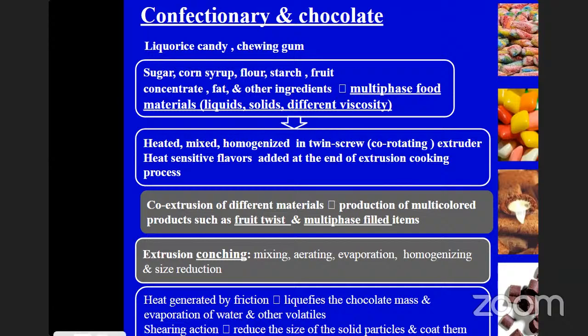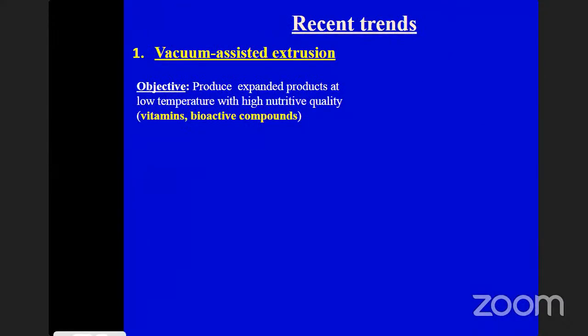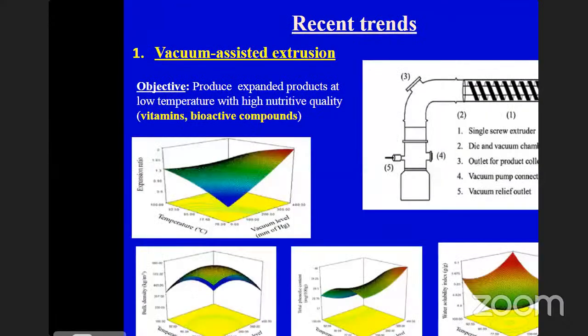After discussing the different types of extruded products and their manufacturing process, we are coming to recent trends in extrusion technology. The first one is vacuum assisted extrusion. The idea behind this technique is to produce expanded products at low temperature with high nutritive quality.